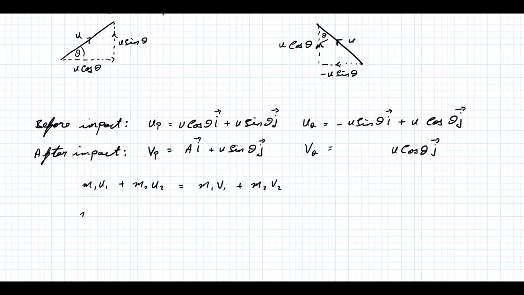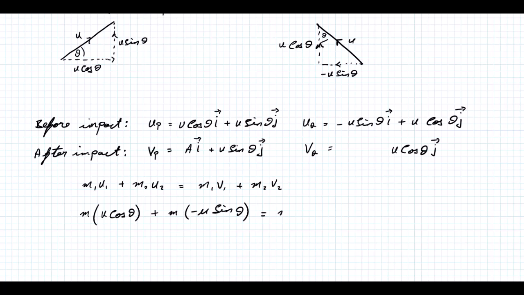So in our case we need to look at m1 u1. It's going to be m times u cos theta. Remember, we're only looking in the I direction here. Then m times minus u sine theta.